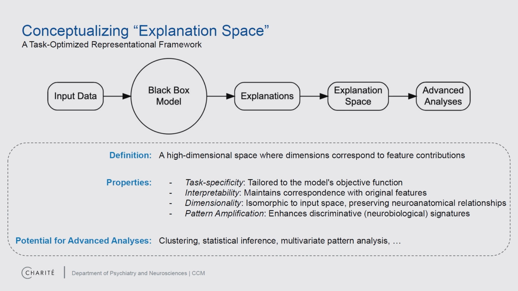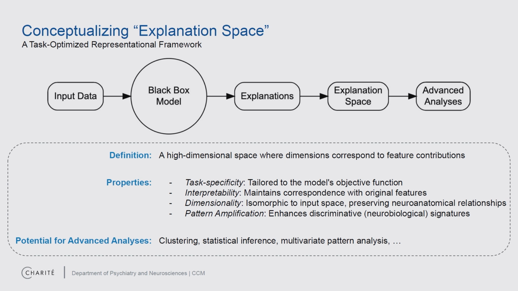Depending on the particular machine learning task that we conditioned our model on, for example, brain age prediction, we're going to get explanations that correspond specifically to what we asked our model to look for. It's interpretable because in our case, the voxels retain their meaning. The input data voxel and the explanation voxel are the same. We can map them to MNI space, and they have a semantic meaning that we're retaining.